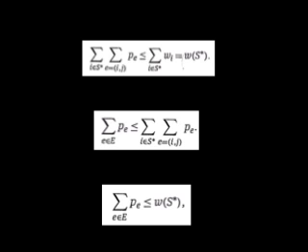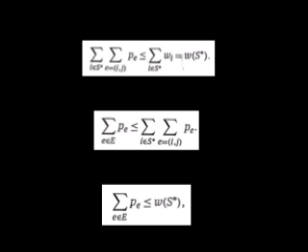Proof: consider a vertex cover S*. By the definition of fairness, we have the summation of p_e, summing over all edges e with ends i and j, is less than or equal to w_i, for all nodes i in S*, the vertex cover.